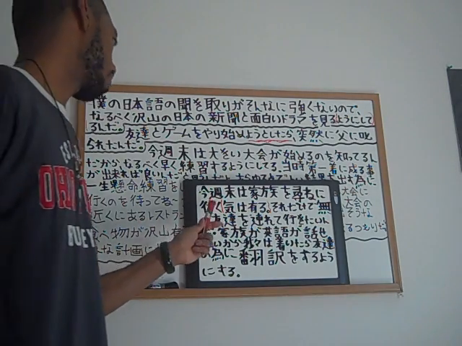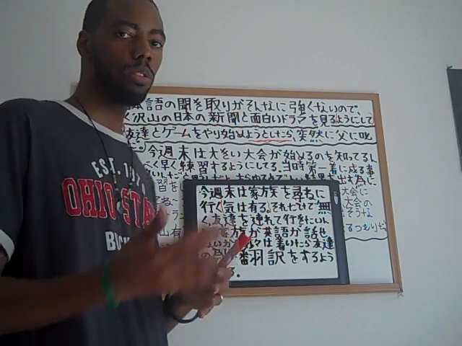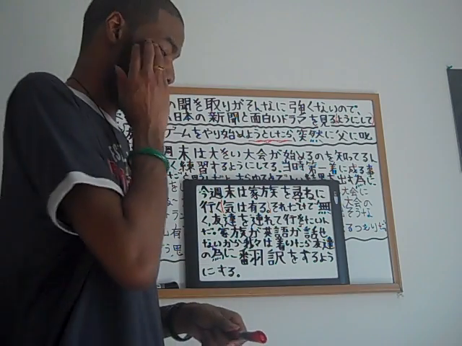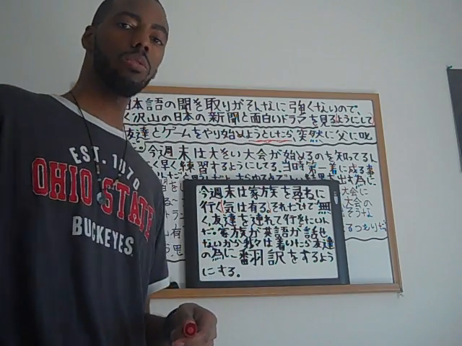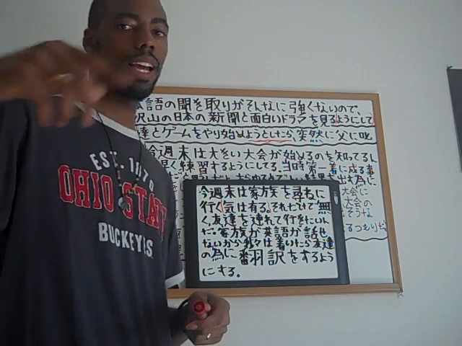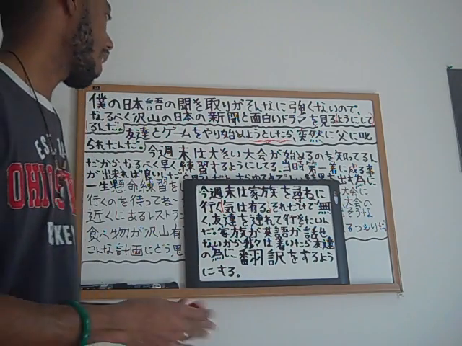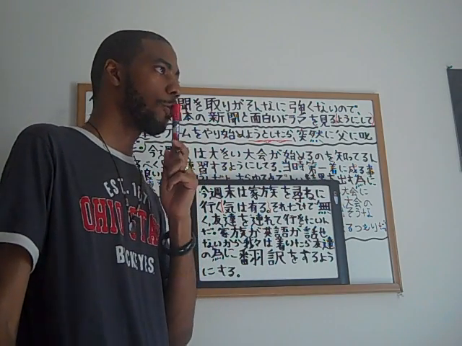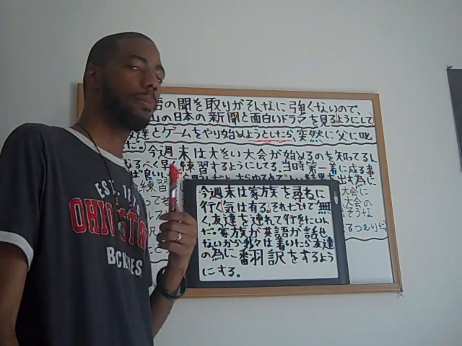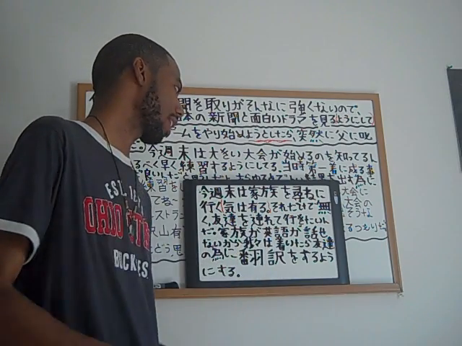So when you say plain form plus kiwa aru, that means you have plans on doing that. 私は今晩家内と何かを食べる気はあります。So 気はあります, I have plans on. So the verb has to be plain. Plain plus 気はある means you have a plan on doing that.